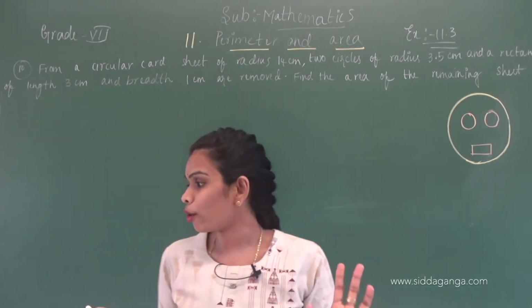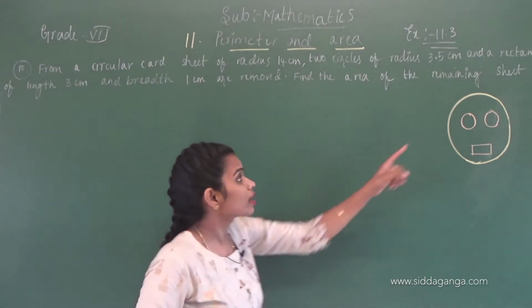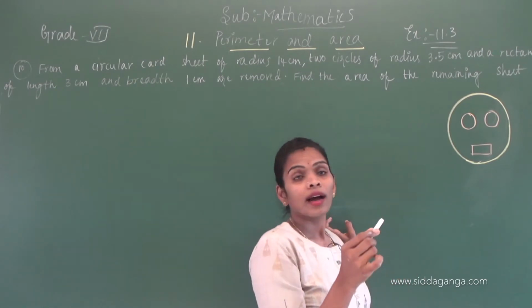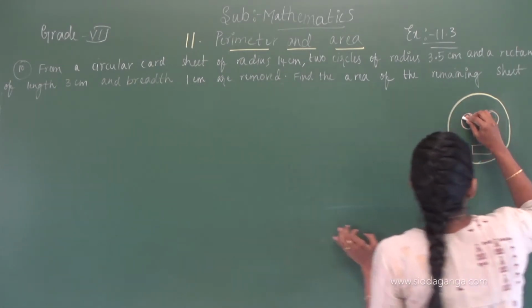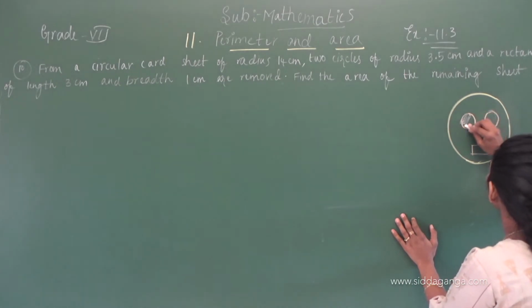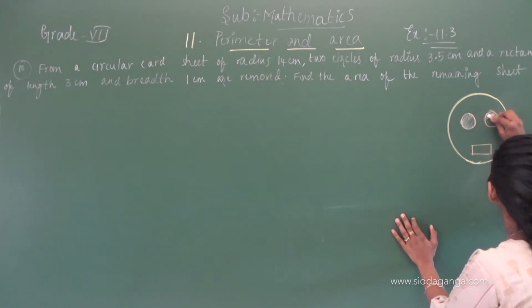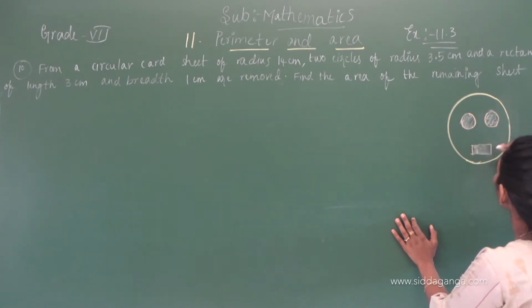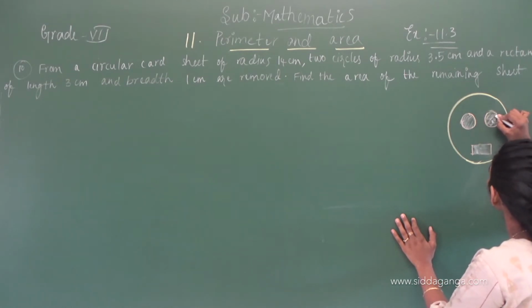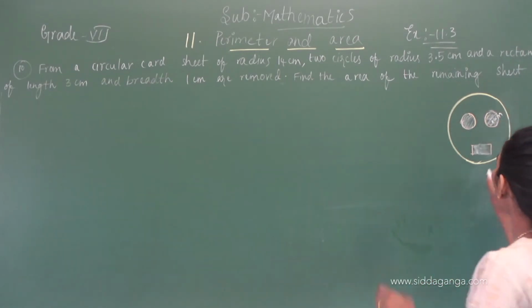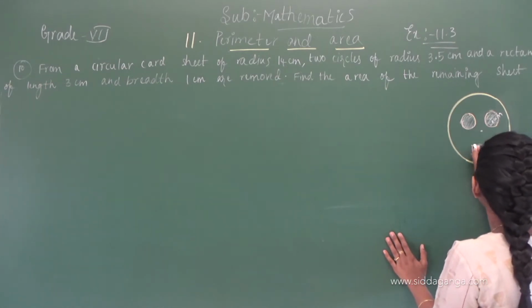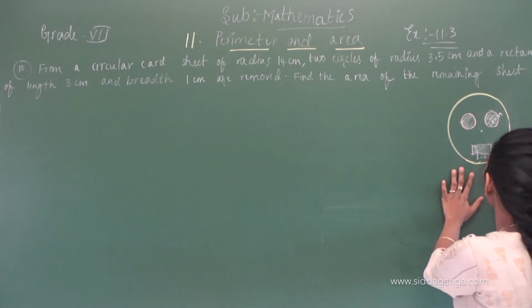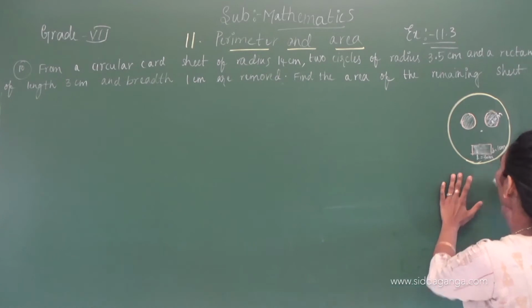Here, what they are doing: they are taking one circular card sheet. In that card sheet, they are removing the portion of two small circles of radius 3.5 centimeters, and one rectangle of length 3 centimeters and breadth 1 centimeter, correct children.